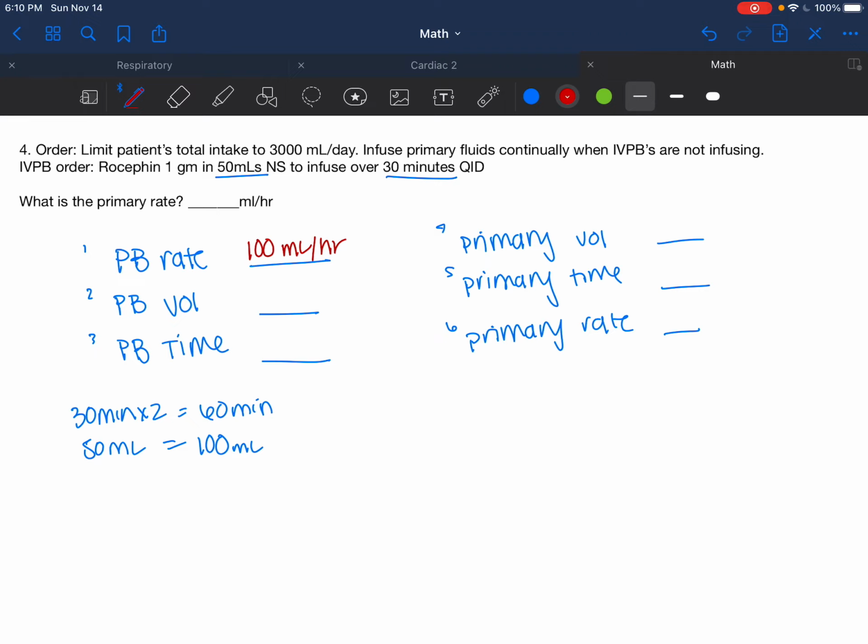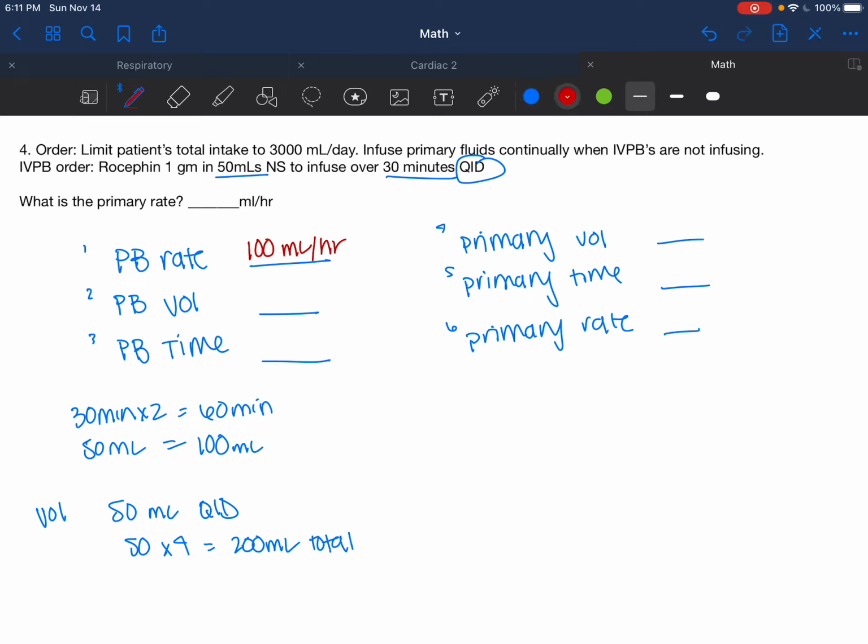Then our volume is for the entire day. When we figure out our volume, we have to take into account that it is 4 times a day. So it's 50 mils QID. We'll do 50 times 4, which gives us 200 mils total piggyback.